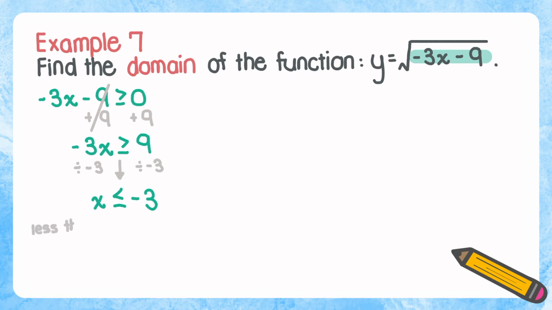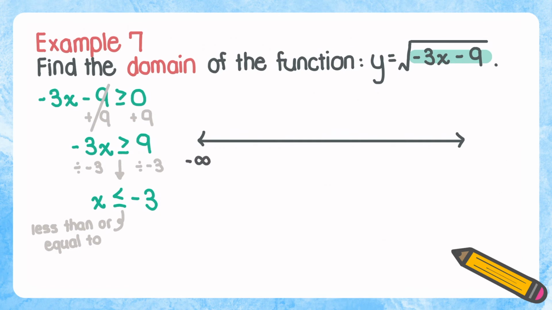So what is this less than or equal to negative 3 going to look like on our number line? So I have my number line going from negative infinity to infinity. And then what happens at the negative 3 mark? So since x must be less than or equal to negative 3, it can be anything smaller than negative 3.